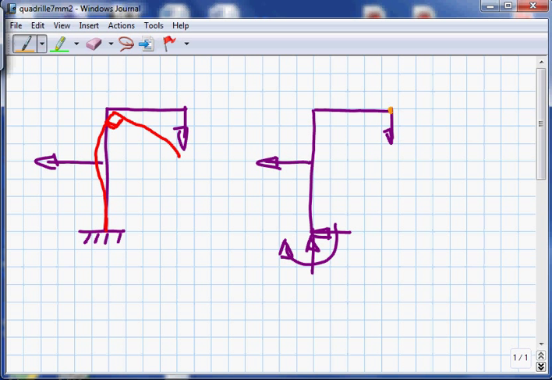Where it hits the ground, the bending moment won't be zero, because the bending moment that's found in the beam will be equal to the bending moment reaction at the ground. Another thing we know is that the bending moment diagram everywhere has to be straight lines and only changes when there's a point load.